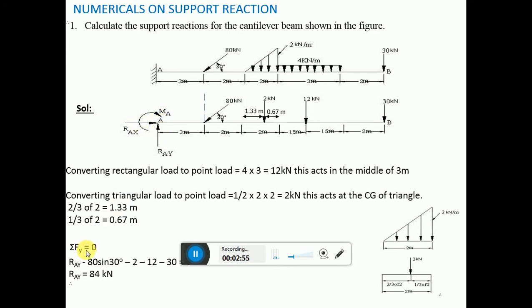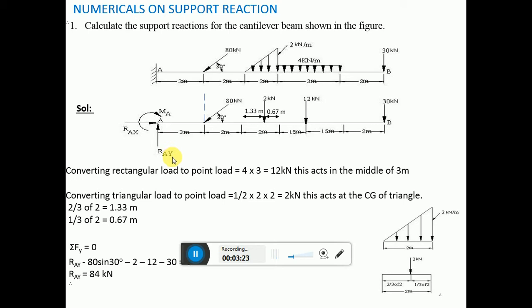Now apply summation Fy is equal to 0. So it is RAY plus 80 sin 30 in the y direction, so it is minus 80 sin 30, minus 2, minus 12 and minus 30, which is equal to 0. Further simplifying, you get RAY as 84 kilonewton.